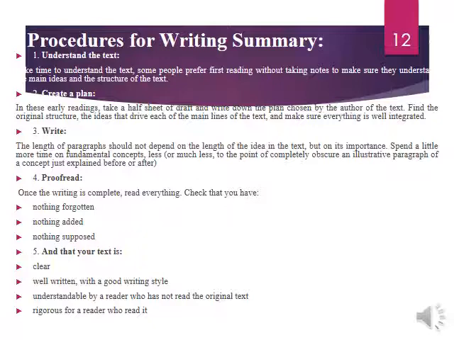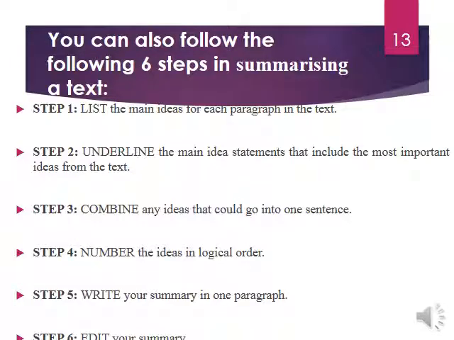What this means is that your summary should give a clear picture of the original text. That is, if someone hasn't read the original text, by reading your summary, he can understand what the text is all about.